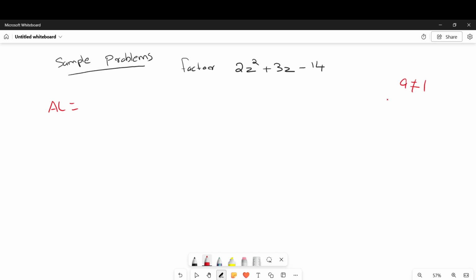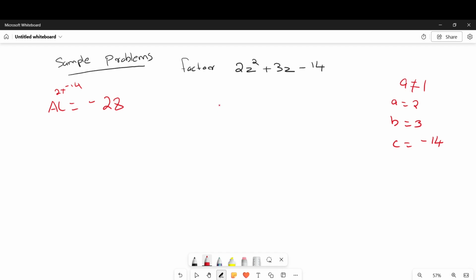Here a is equal to 2, b is equal to 3, c is equal to minus 14. So what's AC? 2 times minus 14, so minus 28.